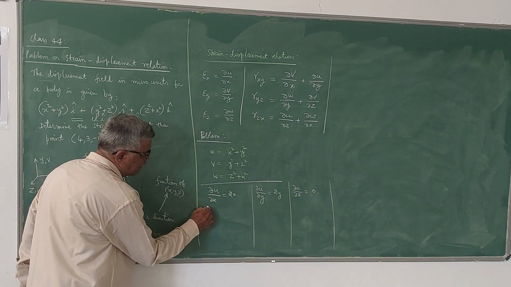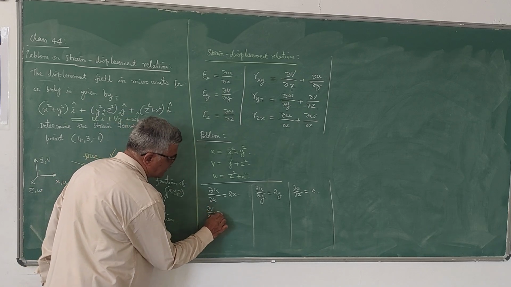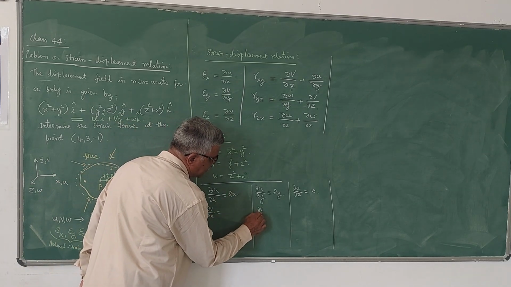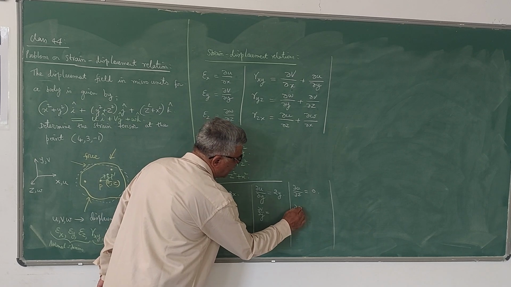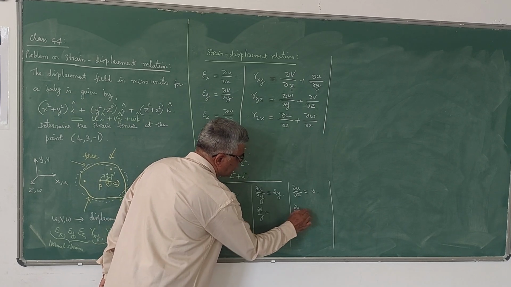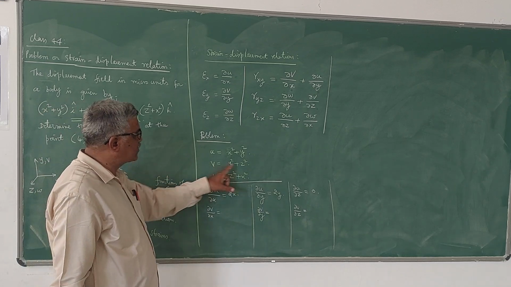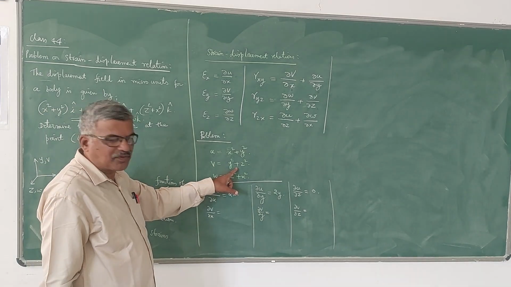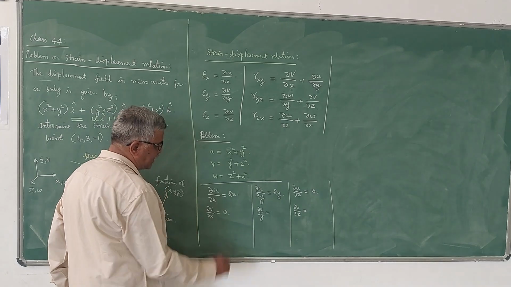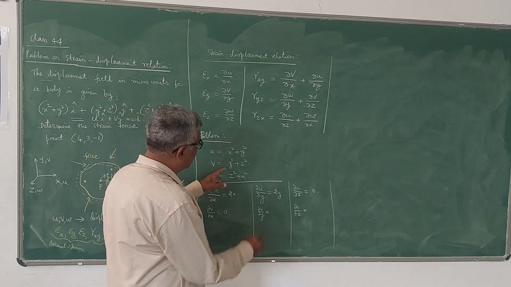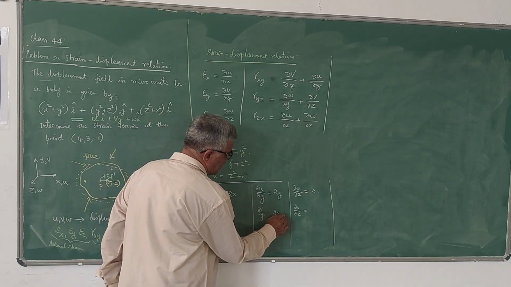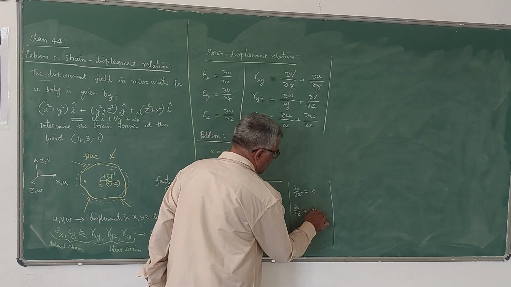Similarly, I will take dou v by dou x, dou v by dou y, dou v by dou z. Like this. What is dou v by dou x? 0 because it doesn't contain an x term. Dou v by dou y is 2y. Dou v by dou z is 2z.